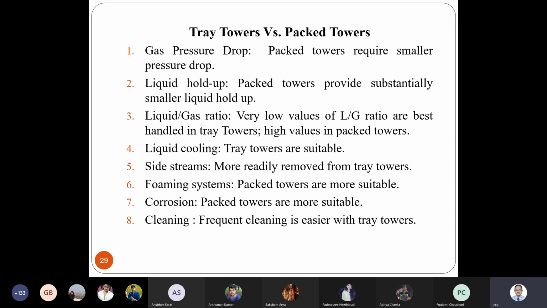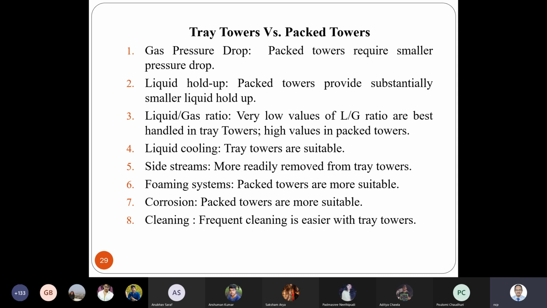So these are the most important points based on which you can decide which type of tower will be most suitable for your service. Other things like cost will also be there.